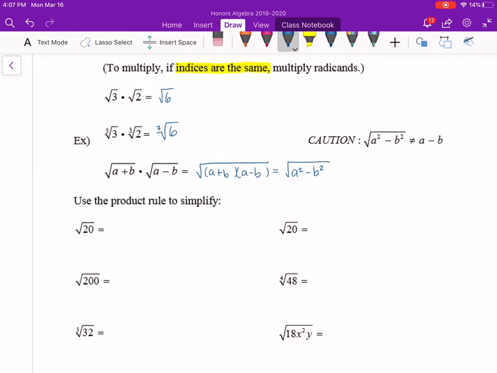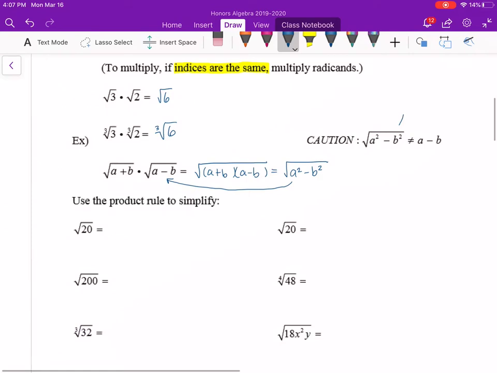So just a caution over here, you can tell going backwards, the square root of a squared minus b squared, that's where it came from. It is not simply the square root of each part. That is different. The square root of a squared, sure, is a. The square root of b squared, sure, is b. But the square root of their difference, that is not going to be the same thing. So just something to look out for when we've got those multiple terms.